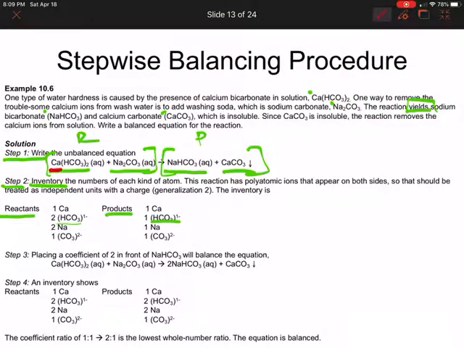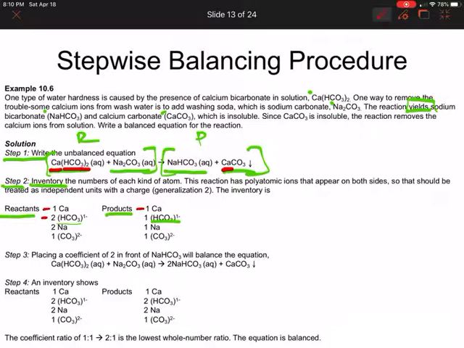See how there's one calcium here and one calcium here? That's how they did this line, putting calcium in the same place, and I would strongly suggest doing that whenever you do an inventory. Then they said, here's bicarbonate, and there's 2 of them.